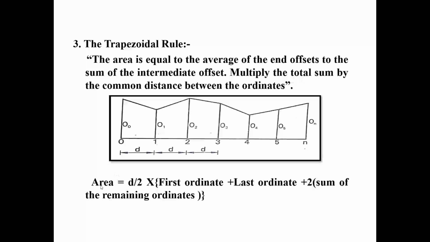The base is divided into a number of divisions, and the length of each division equals D. Then area equals D by 2 into the first ordinate plus the last ordinate plus 2 times the sum of the remaining ordinates. This is the trapezoidal rule.